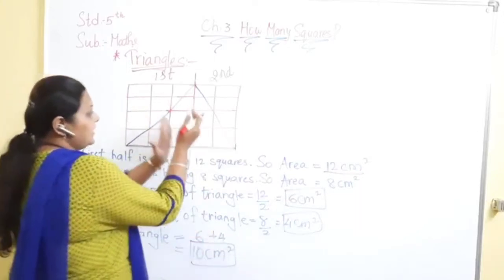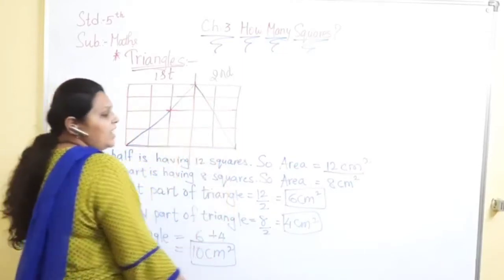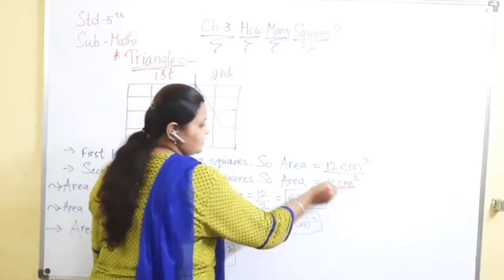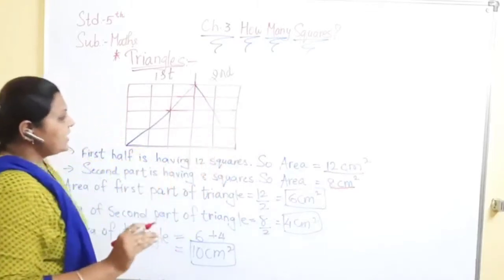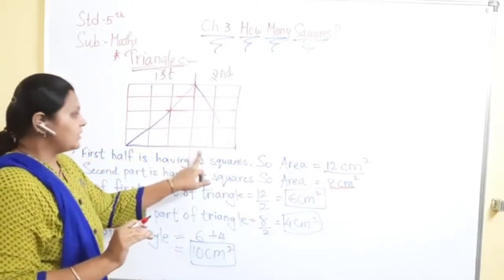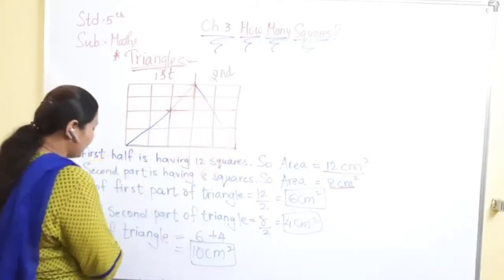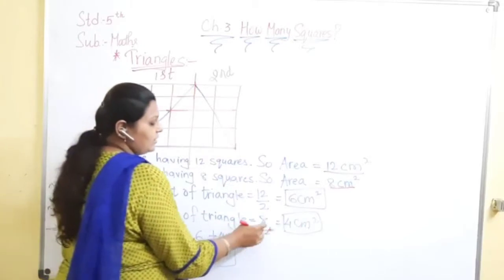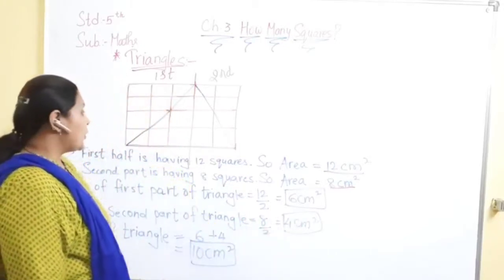Now for the second part, this much part, we will take the area of 8 centimeter square. Here 8 centimeter square is the area of the whole, but we want only the half part. So area of second part of triangle is 8 divided by 2, that is 4 centimeter square.